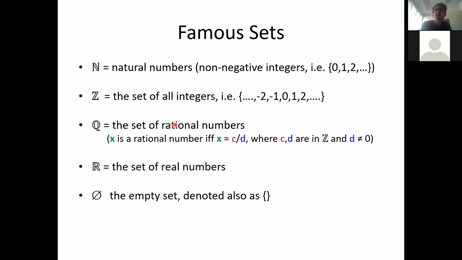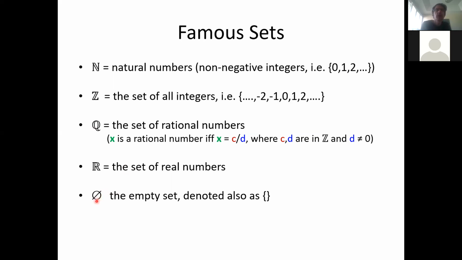Q is the set of rational numbers, so any number that can be expressed as a division of 2 integers with the denominator non-zero. R is the real numbers. And there are some other sets like imaginary numbers, complex numbers, right? And you can have other algebraic objects. We will actually come back to it in modular arithmetic.